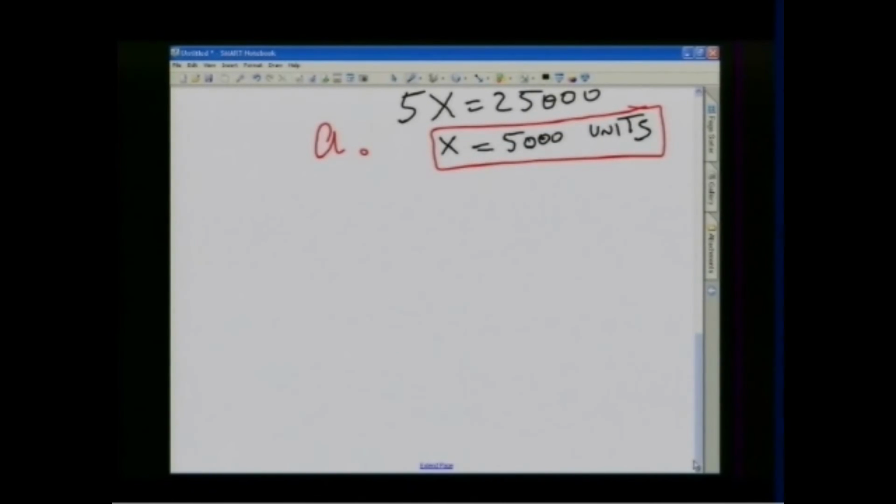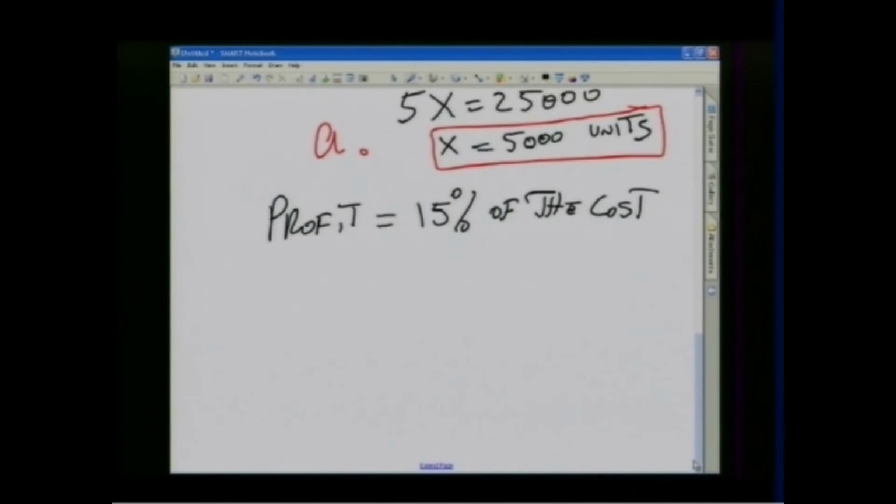So in other words, you're saying profit is equal to 15% of the cost, which means P of x is equal to 0.15 times C of x.